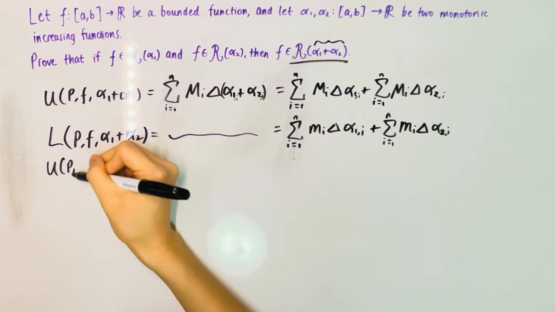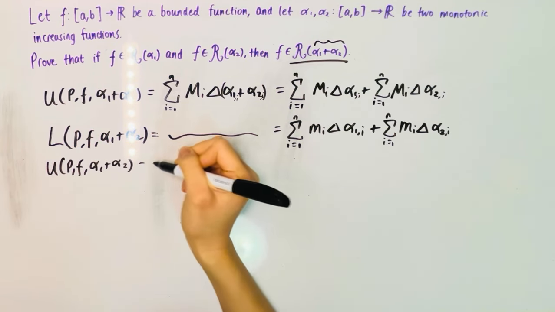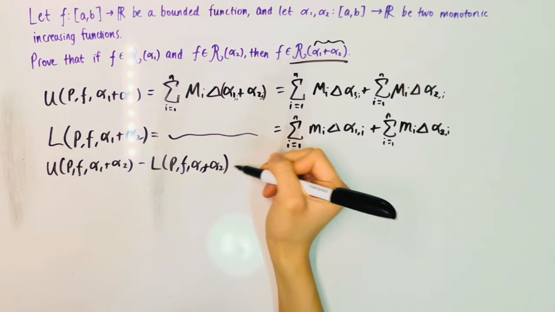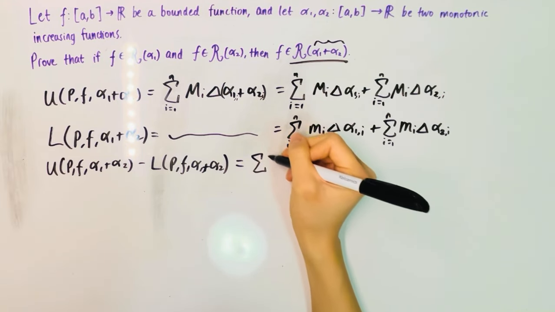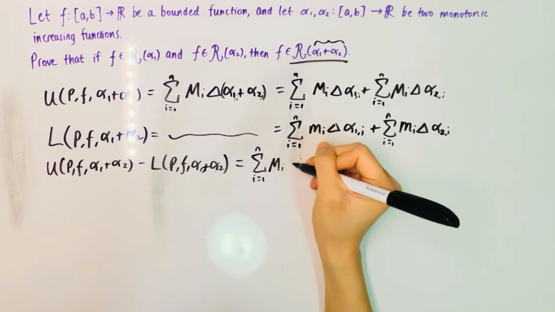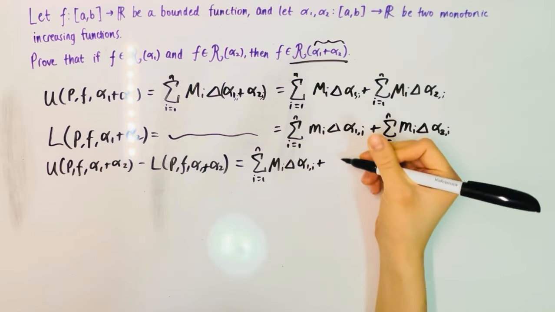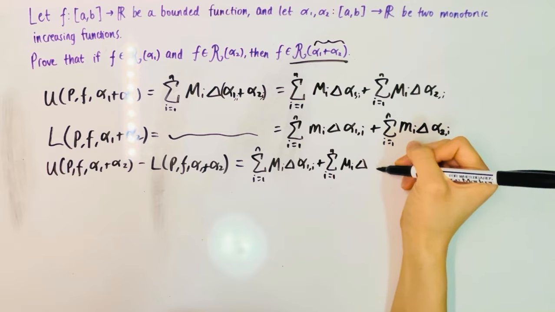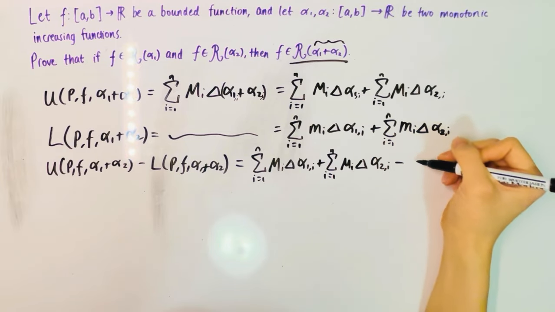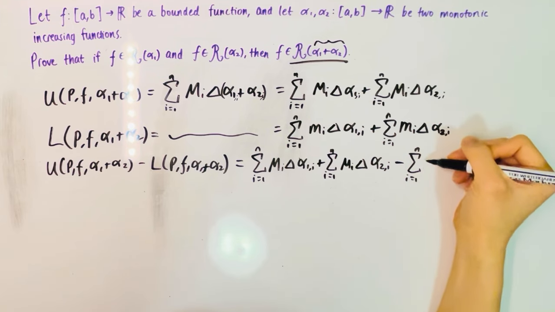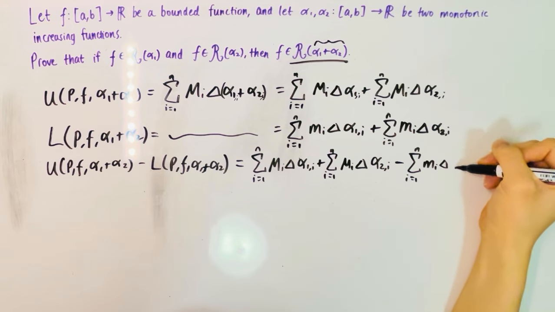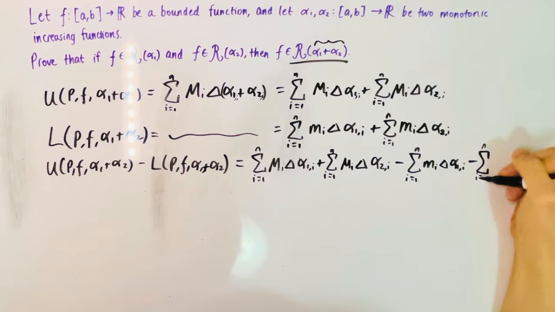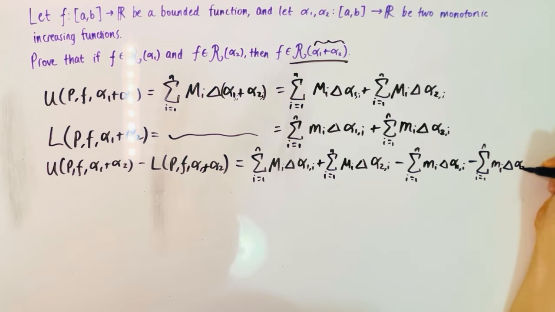So U(P, f, alpha 1 plus alpha 2) minus the lower sum is just going to equal the sum from i equals 1 to n of Mi delta alpha 1 i plus the sum of Mi delta alpha 2 i, minus the sum of mi delta alpha 1 i minus the sum of mi delta alpha 2 i.